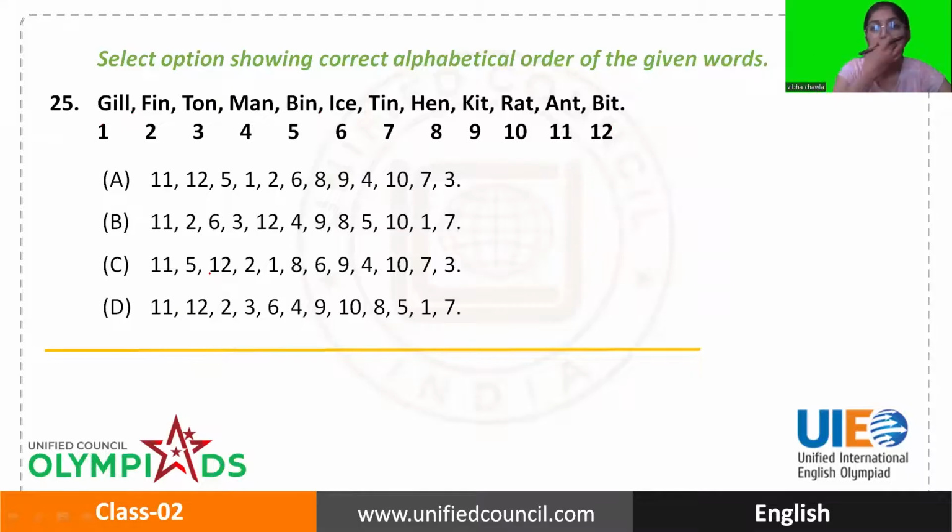Okay, now try this one. This is quite interesting. The question is, select the option showing the correct alphabetical order of the given words. There are 12 words given over here. We need to arrange them in the correct alphabetical order. Now see.